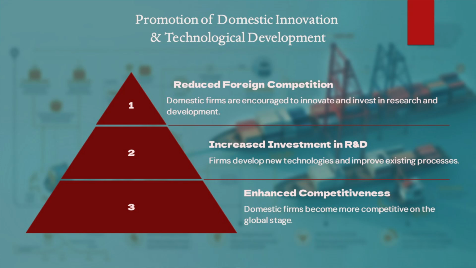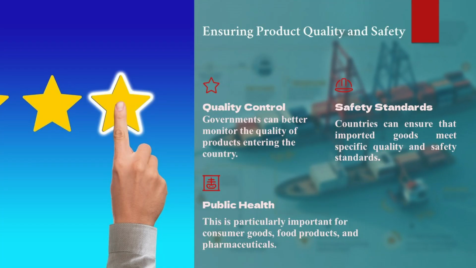Now, after discussing these five objectives, another important objective for imposing quotas by importing countries is ensuring product quality and safety standards. Import quotas can be implemented to ensure that imported goods meet specific quality and safety standards.